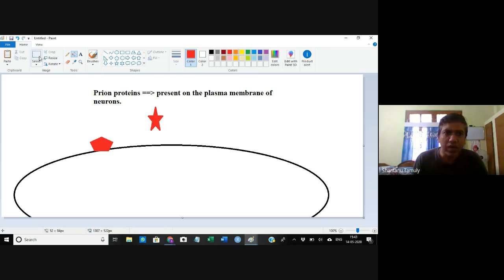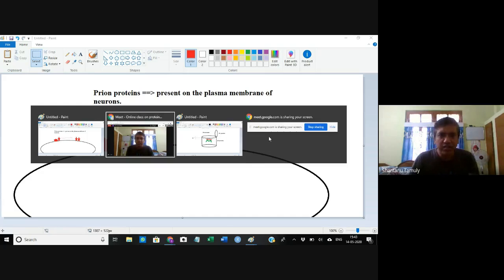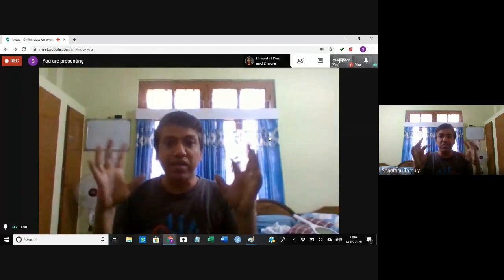What happens when this misfolded protein comes in contact with a properly folded protein? This properly folded protein also becomes misfolded. So in this case, the protein misfolding is a chain reaction.